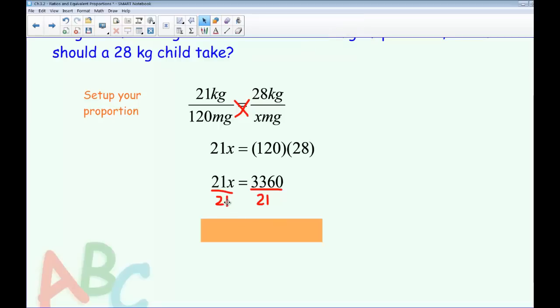So we're left with x on the left side. 3,360 divided by 21 works out to 160. And of course, don't forget your units, in this case milligrams. So that ends this chapter. Hopefully this video has helped you to understand the idea of equivalent ratios and proportions.